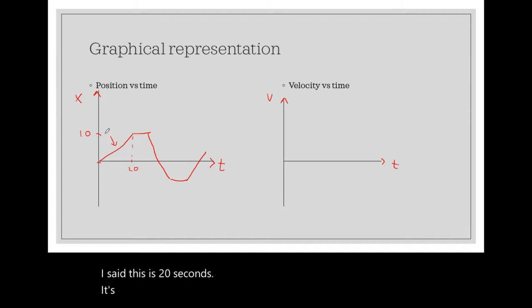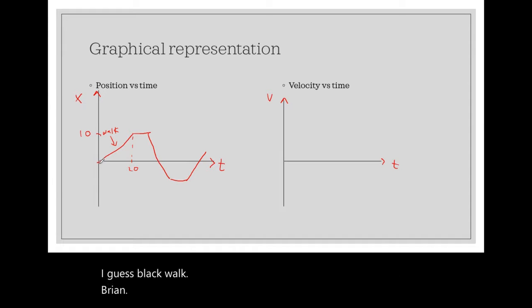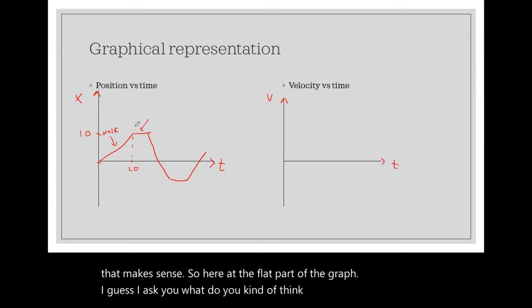And so right there, this would be like a person walking, right? Because it takes me 20 seconds to walk upward to that 10 meters. Okay, that makes sense. So here, the flat part of the graph, I'll ask you, what do you think this person is doing?